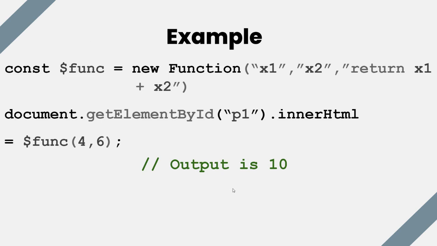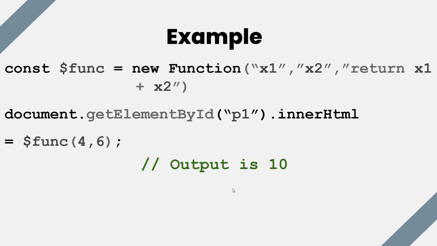So here also is a brief example of the function constructor, and you can see that this particular function constructor also doesn't have a function name. So there's no name here. We begin with the new keyword, with the Function method, and within the Function method we have x1, which is a string.